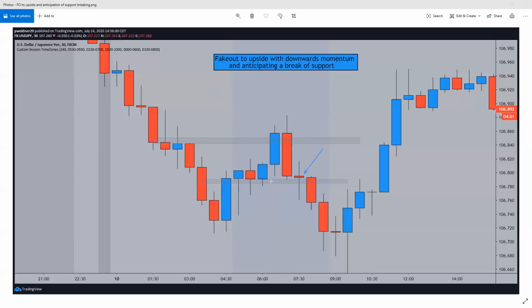So if you're waiting for a close below, that's not going to do it for you. And then you're anticipating this is a weak bearish candle. We're at support. Maybe we created a high, now maybe a higher low, and we'll go back up. But if that's the case, you're going to see this being respected and this being broken and price going to the upside. But that's not what we see.